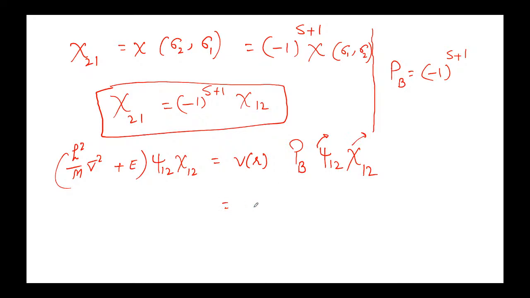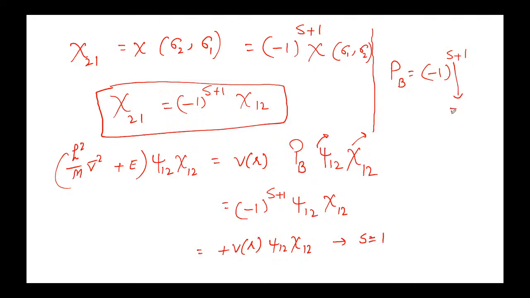So this becomes minus 1 to the power s plus 1, xi12 sigma 12, and the value is an attractive nuclear potential when the value of s is equal to 1. Here s represents the total spin of the two nucleons.